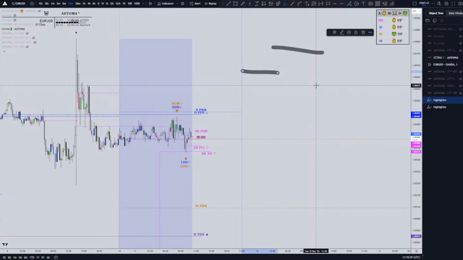So for me specifically, I am very, very aggressive. I can be break even in 1.6 pips. My stop loss is 1 pip. If it takes me out, I will have a re-entry.